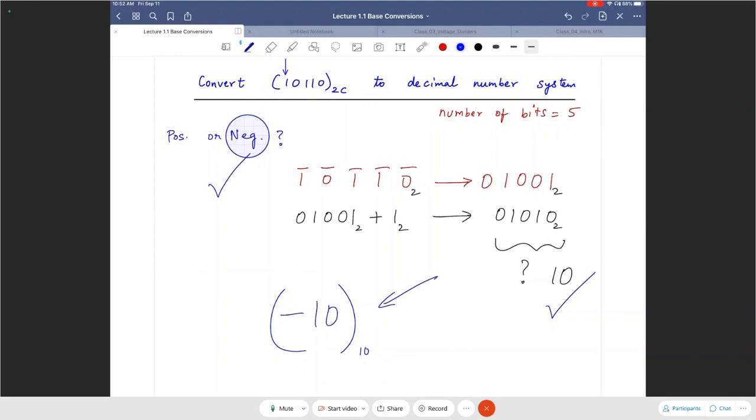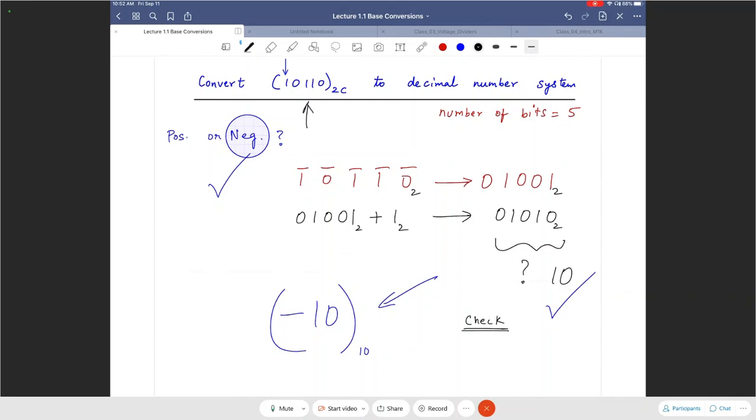So flip all the bits and add 1, right? That's as easy as it can be. Now, you can also check this, right? You can also check this by converting negative 10 to its 2's complement form using 5 bits, and you should get your original sequence of 5 bits.